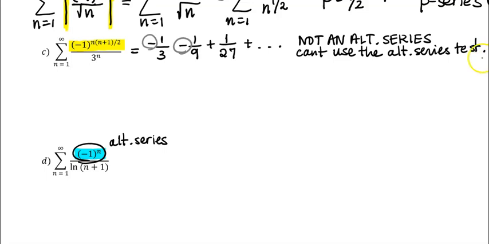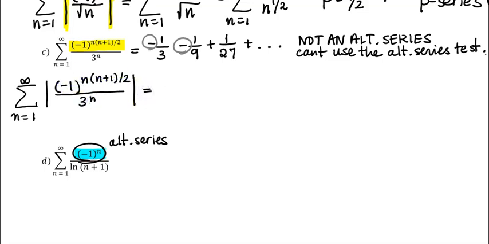So since I can't use the alternating series test, and I have this factor of -1 that shows up in the numerator, I am going to start by testing the absolute value of the series. Because when I apply the absolute value, we eliminate all of the numerator and simplify it down to a 1.